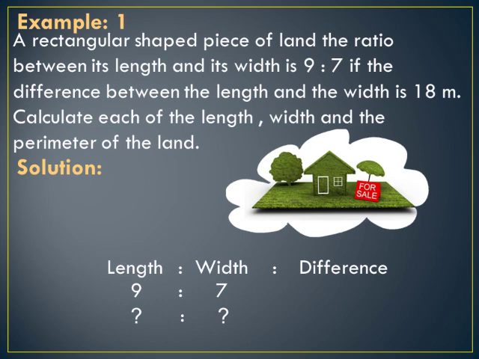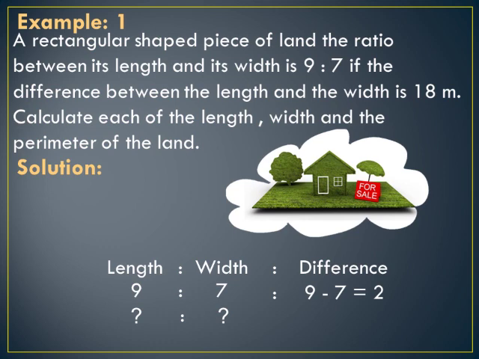There is a keyword in the question, the word difference. Yesterday we searched for sum or total. Now we will search for the difference. The difference between length and width. Difference means minus. We will make minus to the ratio.